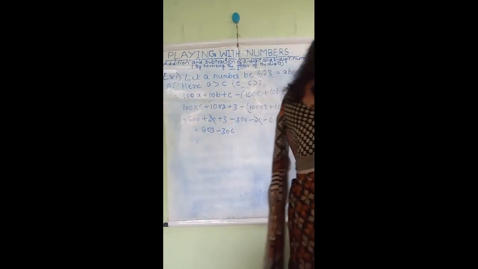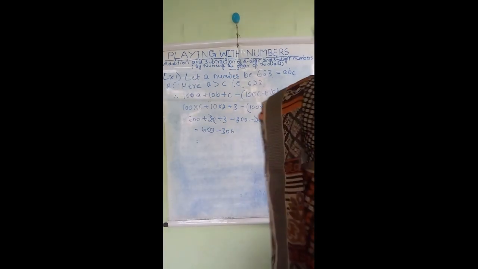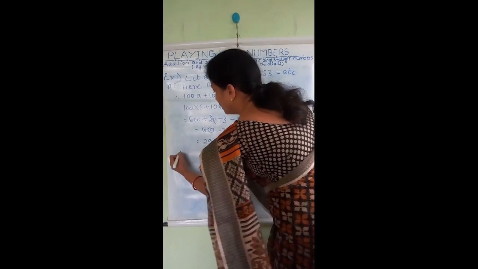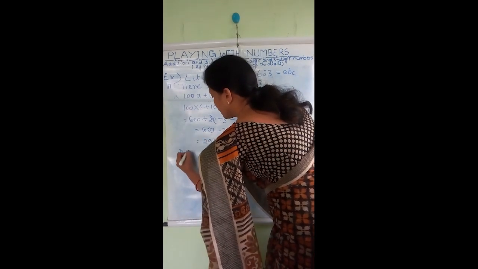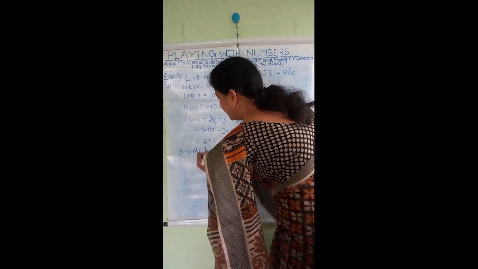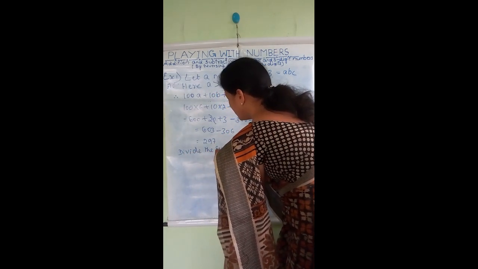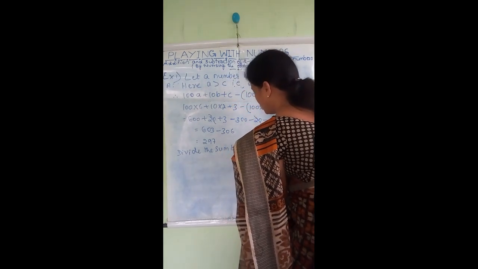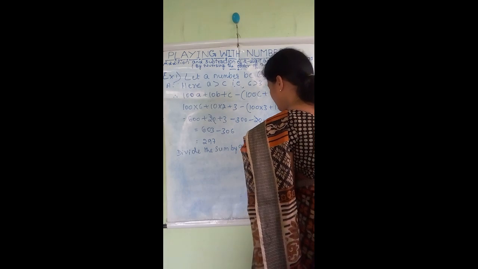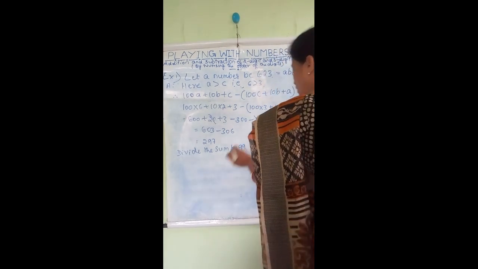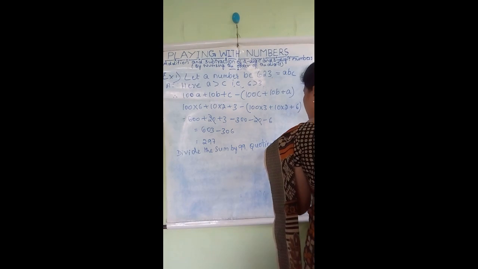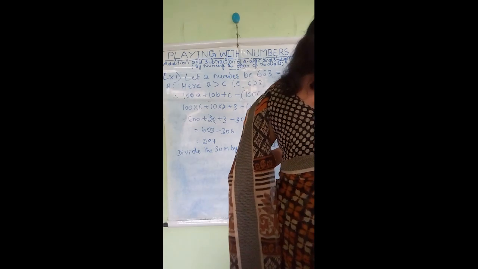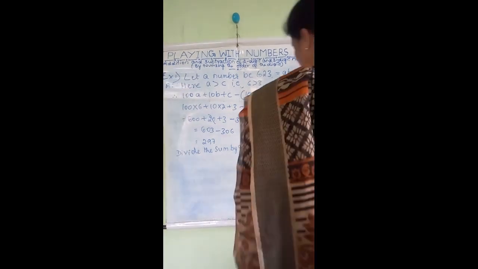What is the difference? Here, 297. The difference is 297. Divide the sum by 99. The quotient is 297 divided by 99, which is equal to 3.